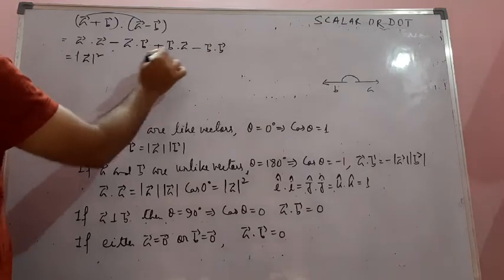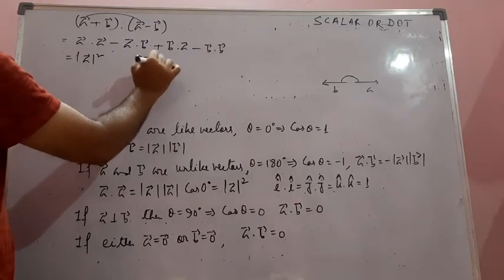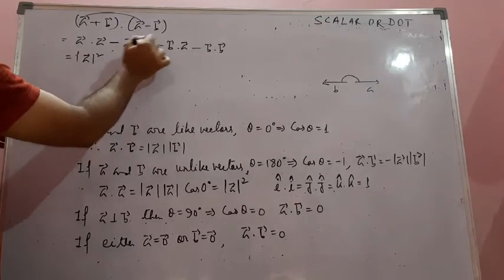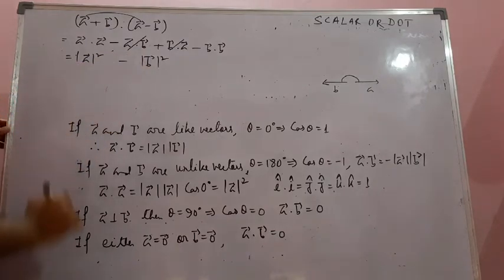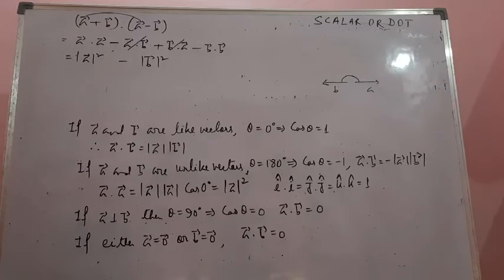Magnitude of a square. b dot b is what? Magnitude of b square. And a dot b and b dot a both are equal, so they cancel. So it's like the algebraic identity: (a plus b)(a minus b) is a square minus b square. Here it is not the square of the vector, it is the square of the magnitude of a.